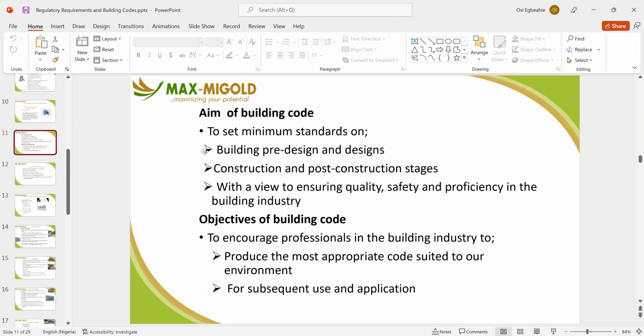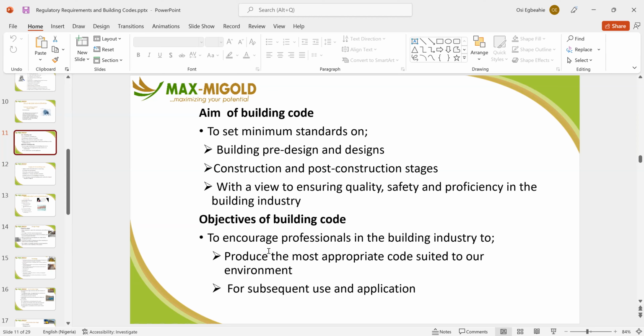Normally, there's a code that gives you the minimum required standard to be able to manage a building based on global international best practice, with a view to ensuring quality, safety, and proficiency in the building industry. The aim is to ensure that any building that is being built or managed meets the minimum required standard so that the building is fit for habitation, so that people do not live in a building afraid that it is going to collapse, which will cause a lot of disaster.